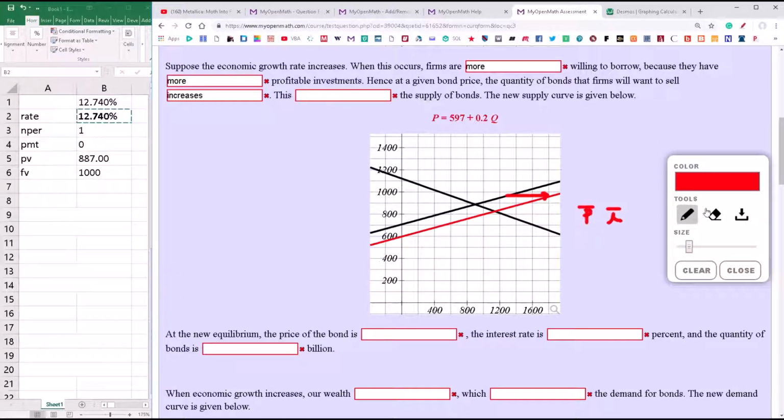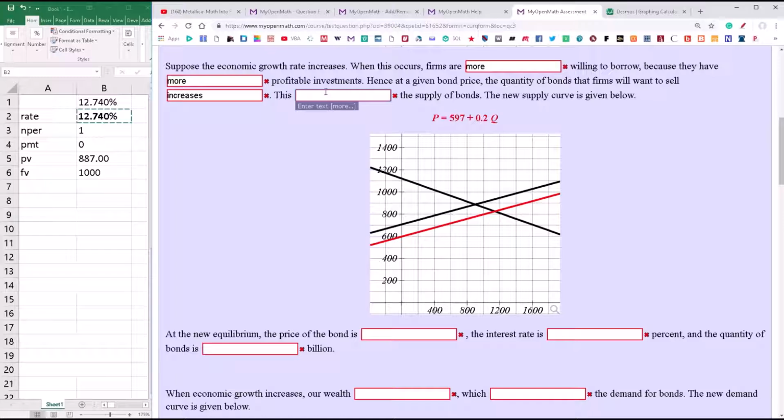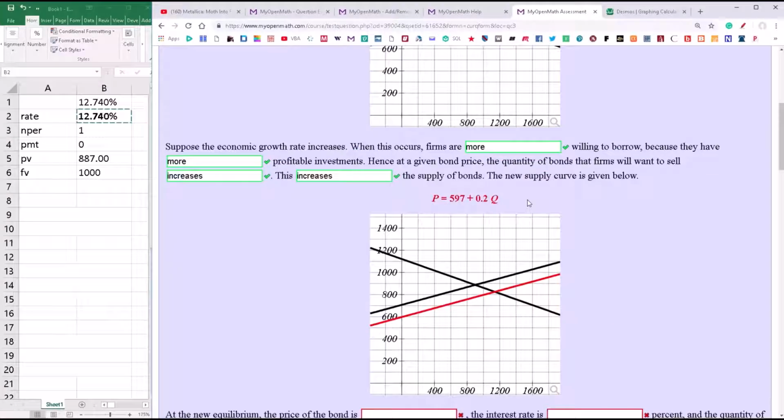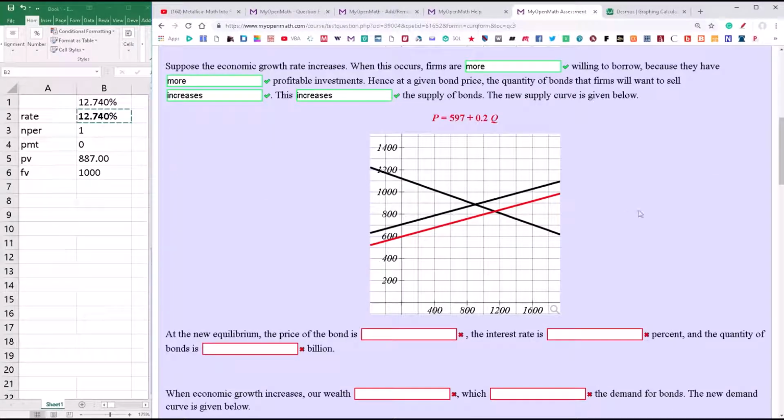So this increases the supply of bonds, reflected by the red equation and the red line or graph or supply curve in the graph here. Okay, that was pretty straightforward. I don't think that's all that outrageous.